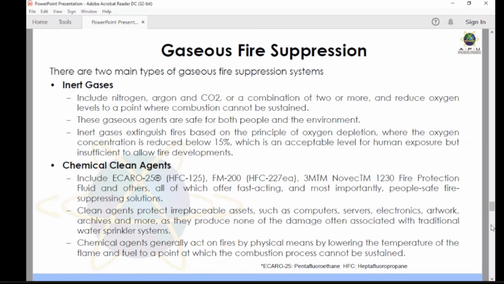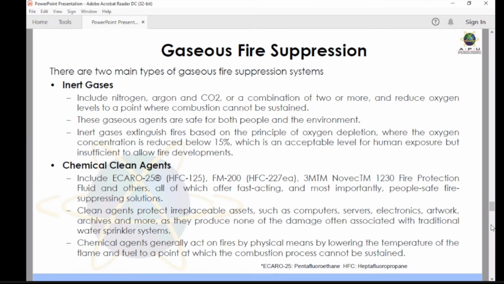Clean agents protect irreplaceable assets such as computer servers, electronics, artwork, archives, and more, as they produce none of the damage often associated with traditional water sprinkler systems. The computer servers or electronics or art or gallery or this type of chemical agents or inert gas are preferred instead of water sprinkler systems.